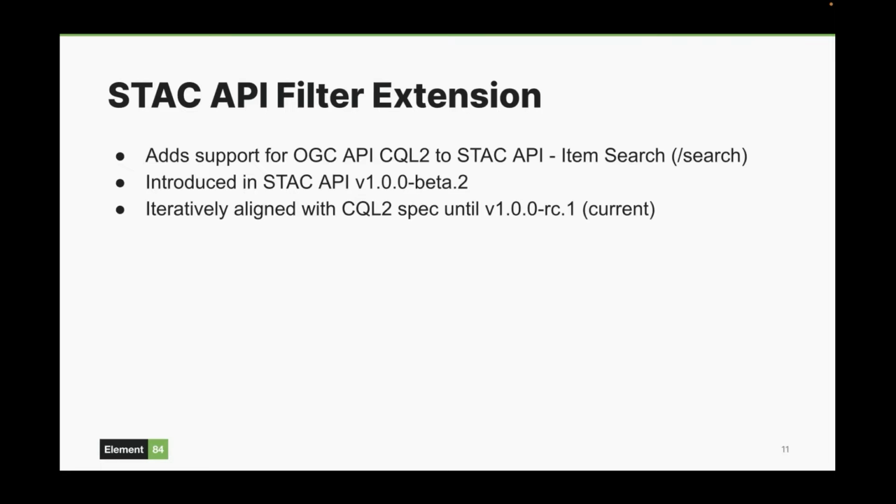We'll probably split out the filter version and version that independently because the CQL2 spec is currently still in draft. So if any changes do occur, we can version it independently and people can implement whatever version is available at the time that they're doing their implementation. And then that gives more flexibility going forward in updating STAC API independently of the STAC API filter extension.